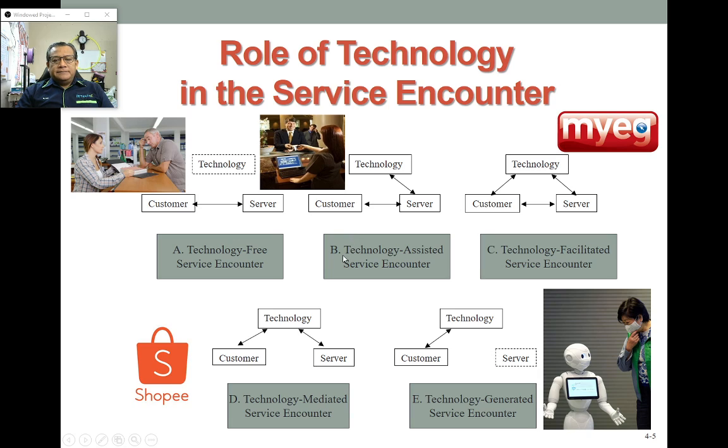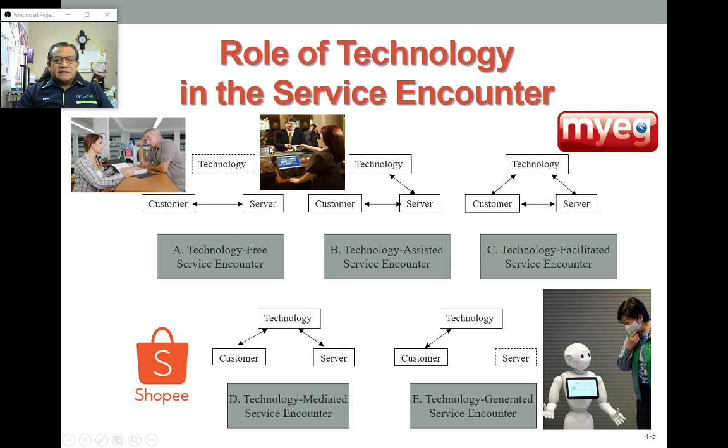For the second type, B, technology-assisted service encounter, the customer is dealing directly with the server or the company employee, and the employee is using technology to assist his or her job. This could be well depicted at a hotel service counter, in which the server is an employee of the hotel, for example Hilton Hotel, dealing directly with the customer.